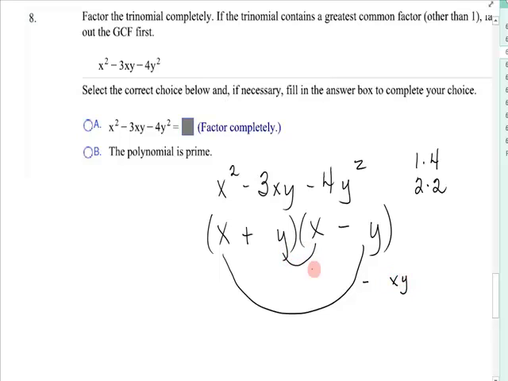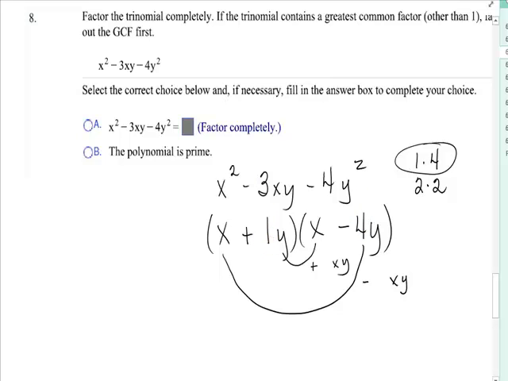The inner product will be positive something xy. Negative and positive, I'm going to subtract and keep the sign of the big one. Well, since I'm going to subtract, do I want 2 and 2? No, I want 1 and 4. And I'm going to keep the sign of the big one. The sign of the big one has to be negative.